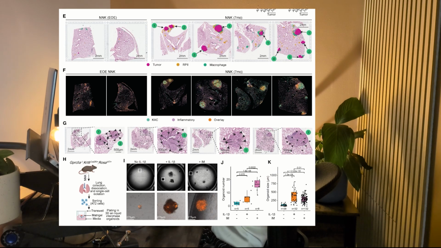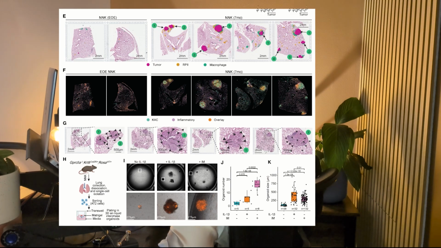Even before visible tumours form, early lesions are surrounded by macrophage-rich IL-1 beta high niches, with KACs clustering at that interface. Panel 6G shows dense IL-1 beta, IL-1R1 signaling around emerging lesions. Signals originate in macrophages and flow directly into KAC-rich epithelial regions.